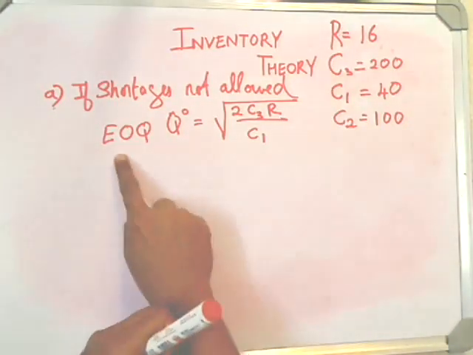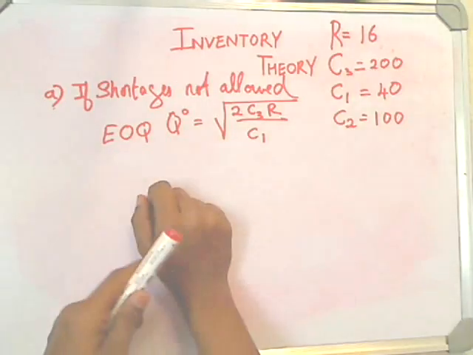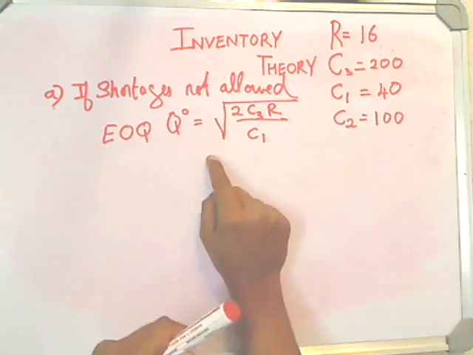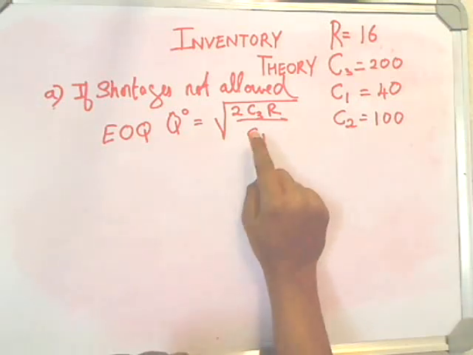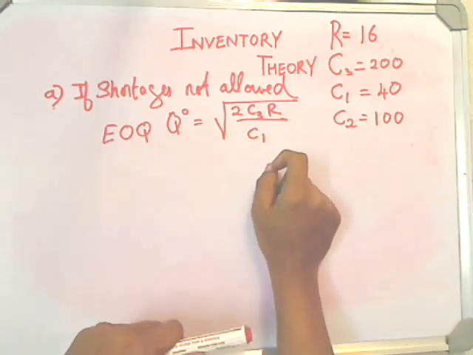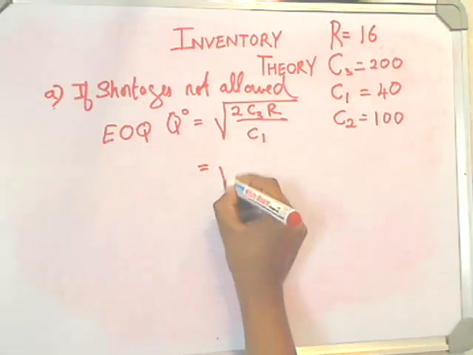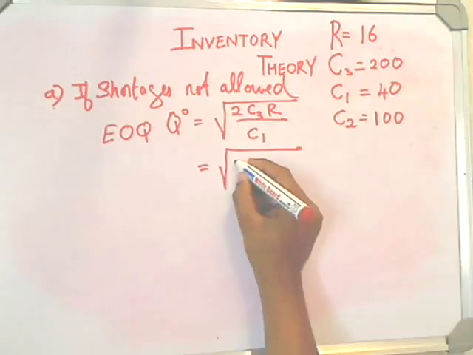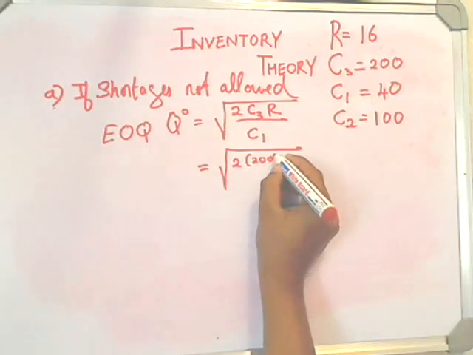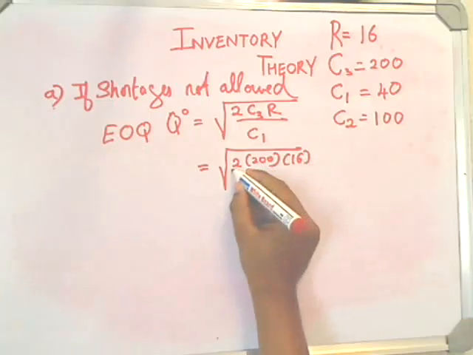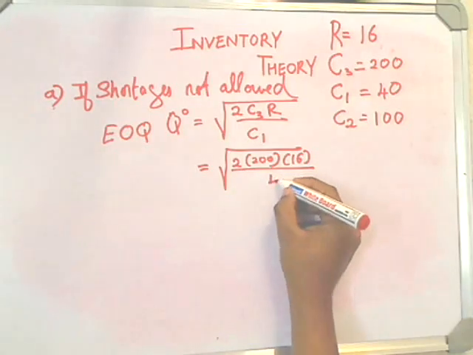So the first one that you have here would be the economic order quantity. Okay, now that's been represented as Q naught, which is equal to square root of 2C3R divided by C1. If you substitute the values, you should get 2 multiplied by 200 multiplied by 16, that would be the order quantity, divided by 40.